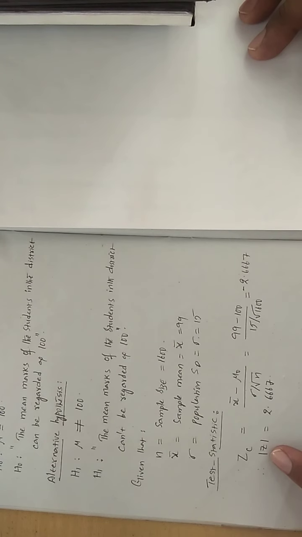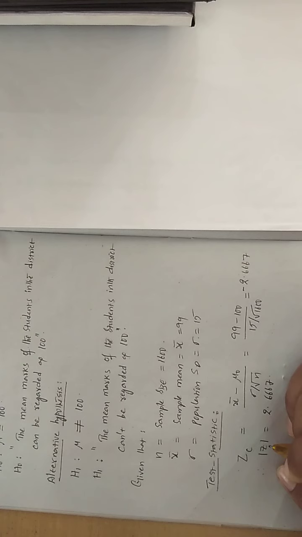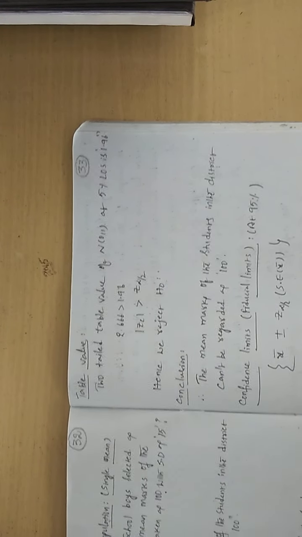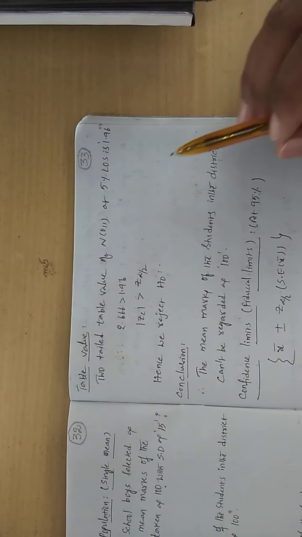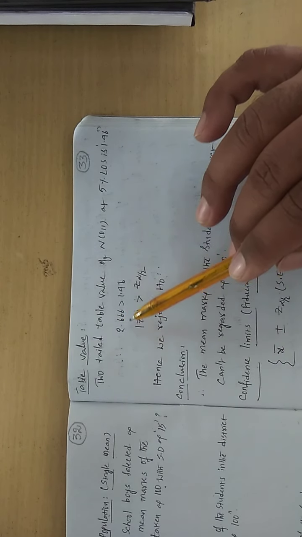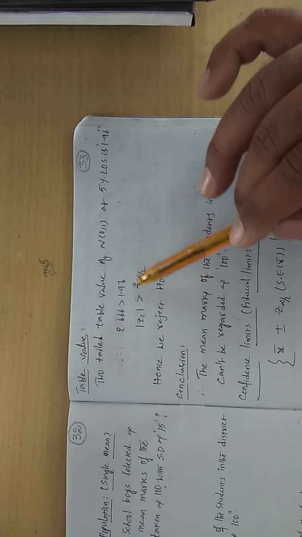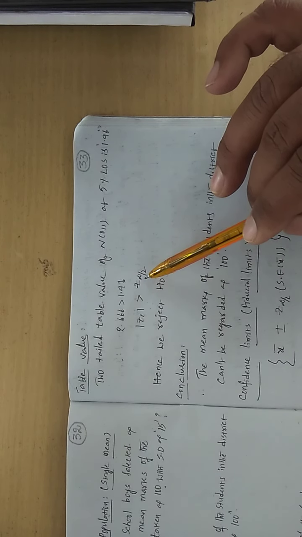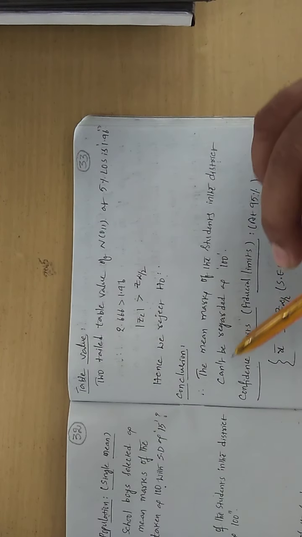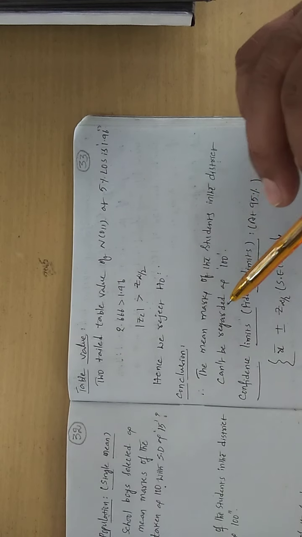So immediately I wrote mod Z. If you want, you can write mod ZC. And now table value: the two-tail table value of N(0,1) at 5% LOS is 1.96. Always calculated value is on the LHS, table value on the RHS. So ZC greater than Z alpha by 2. Hence we reject H0. The mean marks of the students in the district cannot be regarded as 100. This word is very, very important. So this is the way to calculate the confidence limits.